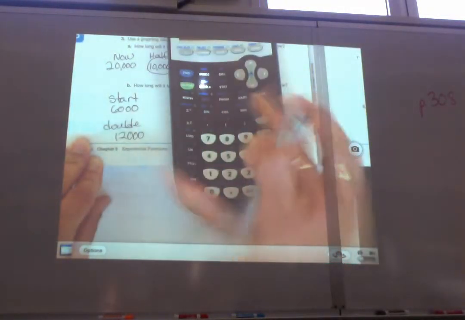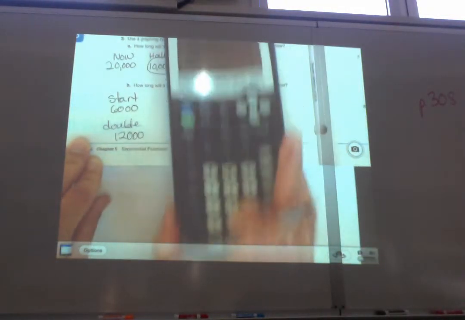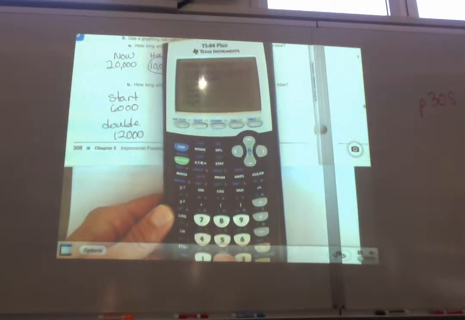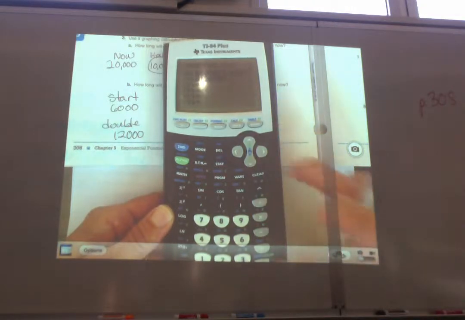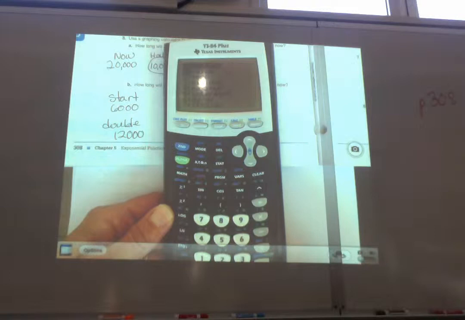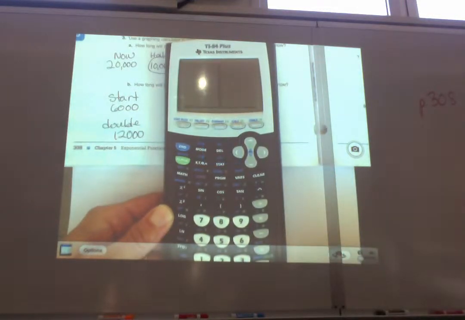Okay, so for the y2, if we're going to use intersect again, instead of 10,000, 12,000. Now we go second calc, 5 for intersect. One line looks good, second line looks good.